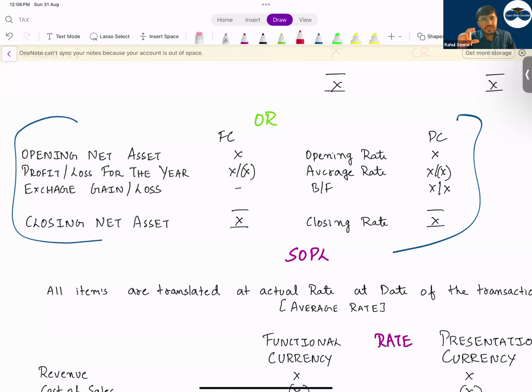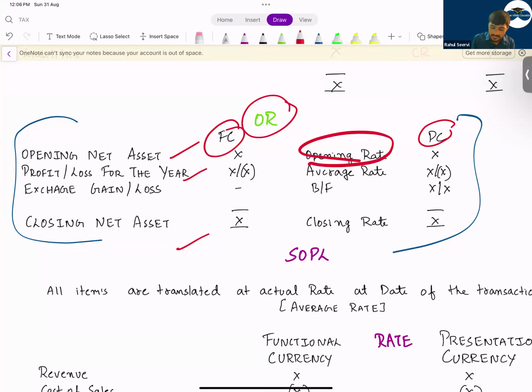They will only ask you a part. So first, you calculate the opening net assets, add the profit, and get the closing net assets. You do this in the foreign currency. Then you convert this into the presentation currency of the parent company, which will be the same as the functional currency 99.99% of the time.